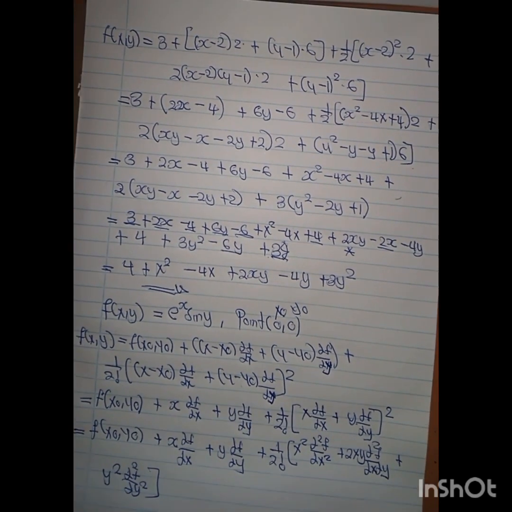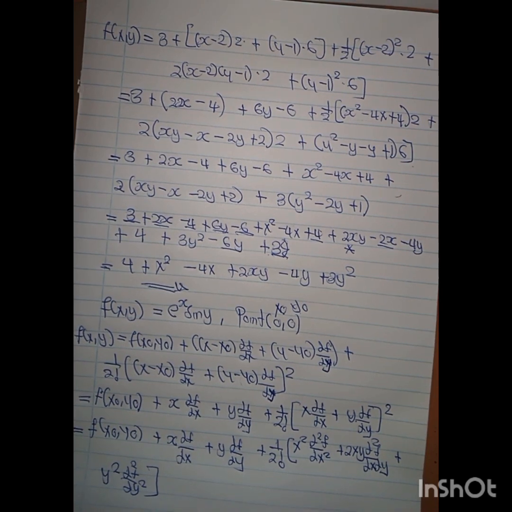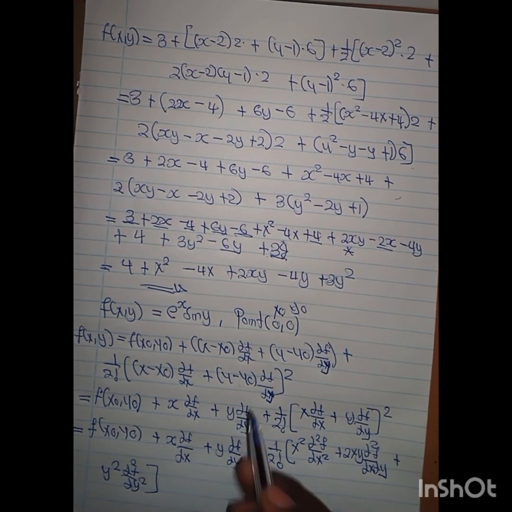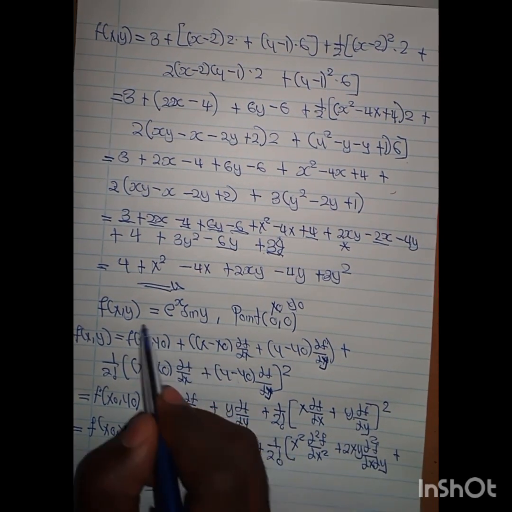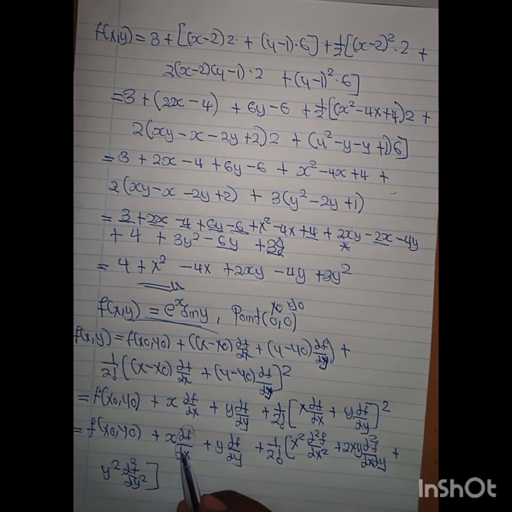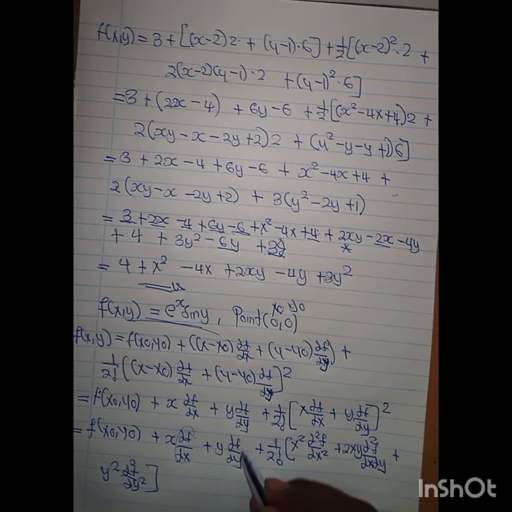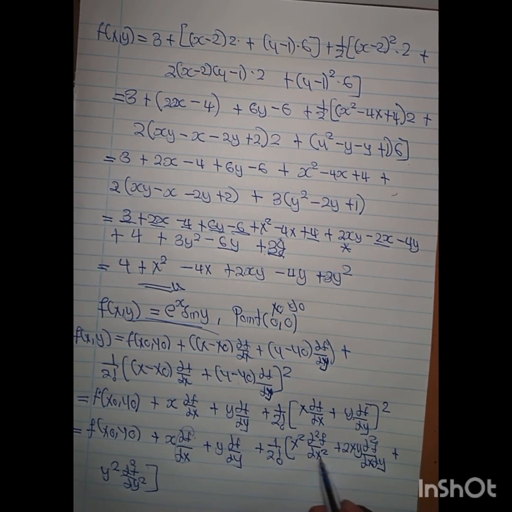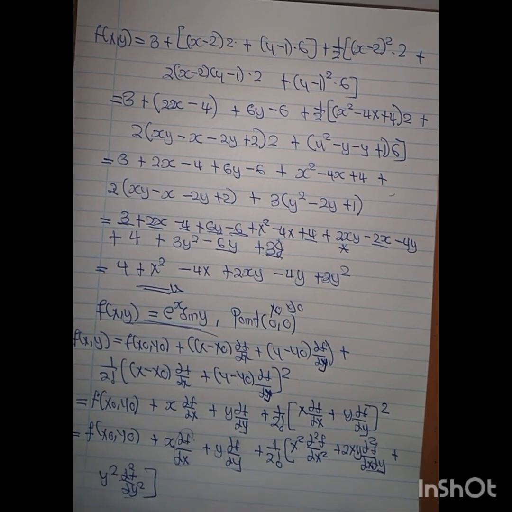So this is all we need to do for this problem. And then from now on, what we have to do is to differentiate our function. This is our function first with respect to x, and then second we differentiate the function with respect to y, and then we come to this term, and lastly this one.